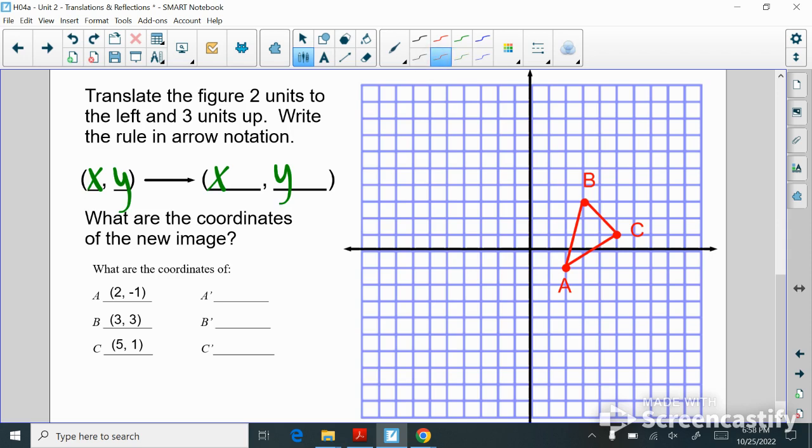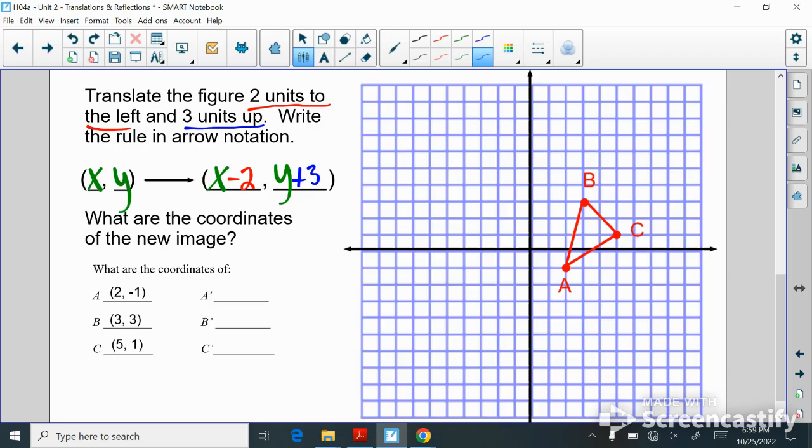So if I'm going 2 units to the left, well, left is subtraction, so minus 2. And then 3 units up, up I notice is addition, and that's on my y, so plus 3.